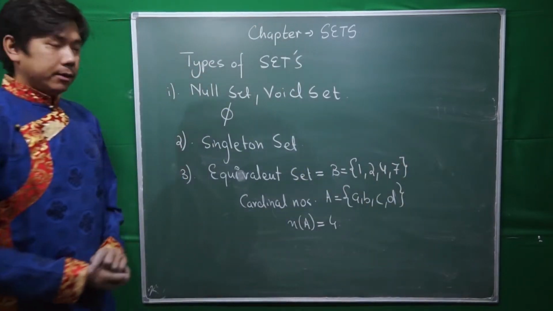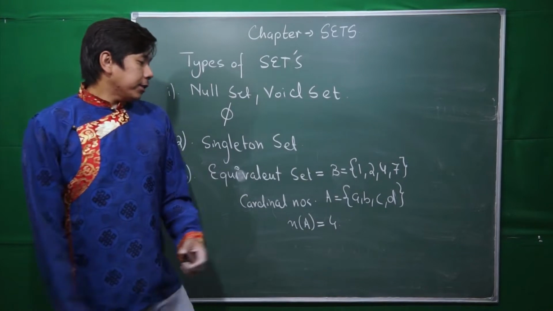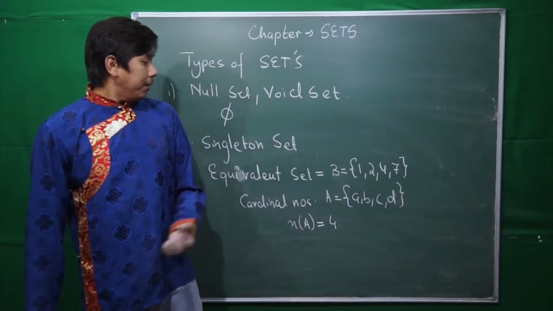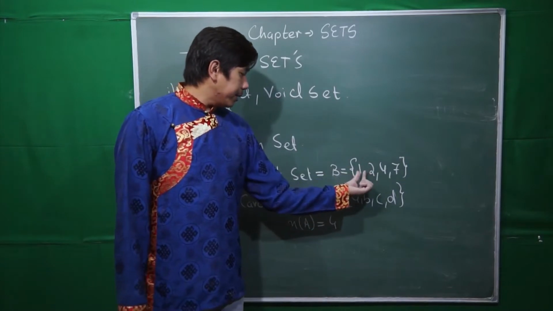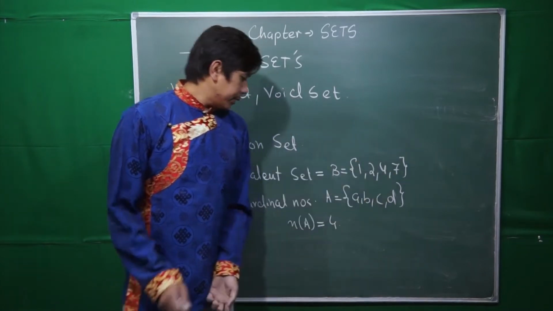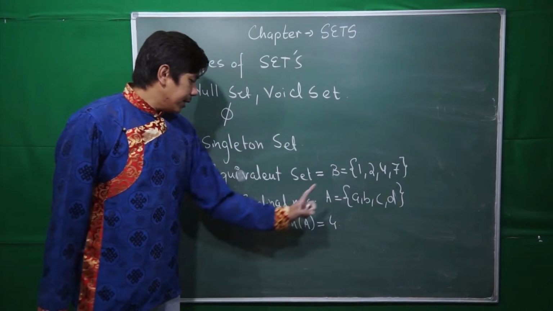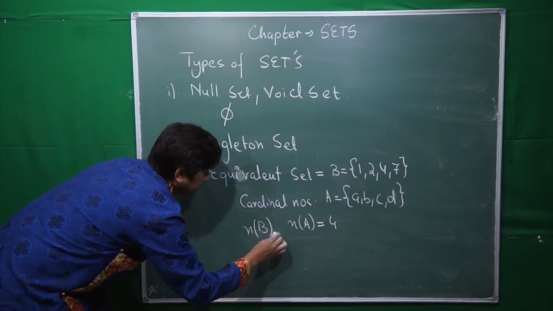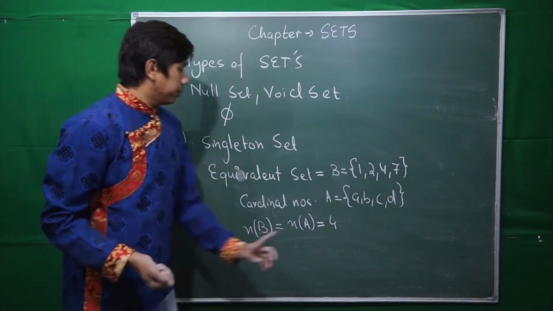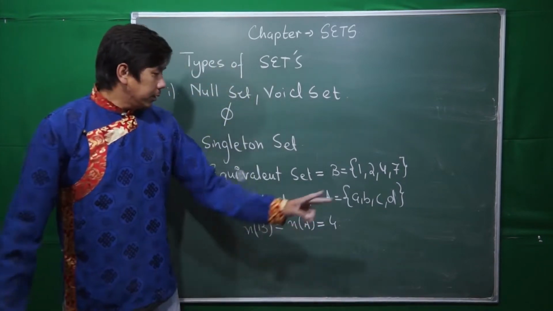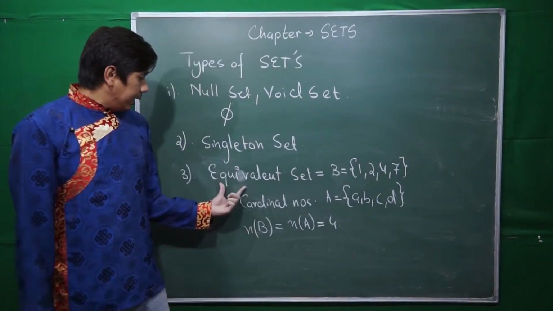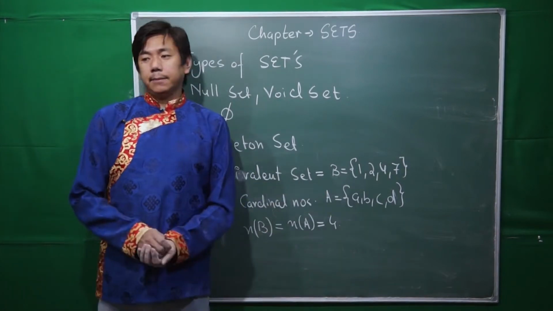Now, for set A the cardinal number is 4, and for set B the cardinal number is again 4. So the cardinal number in both the sets is equal, which is 4. Therefore, these two sets, set A and set B, are known as equivalent sets. Simple.